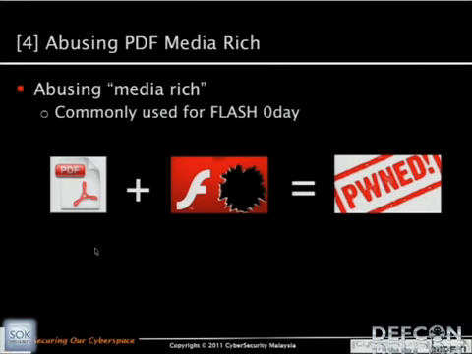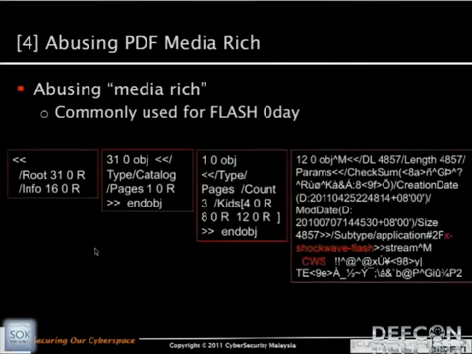So you have a normal, good-looking PDF. It's not malformed, but you have bugs in Adobe and Flash. You get owned as well, right? How does it look within your PDF structure? For example, you start with /Root again.